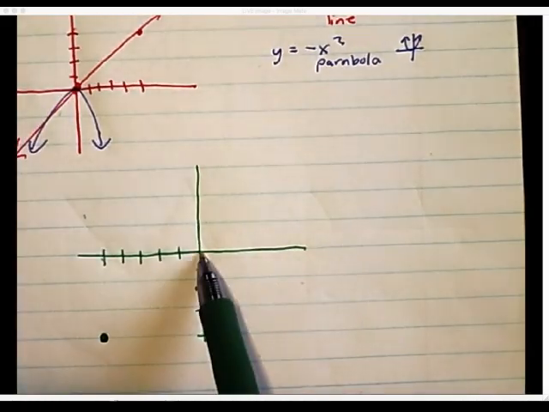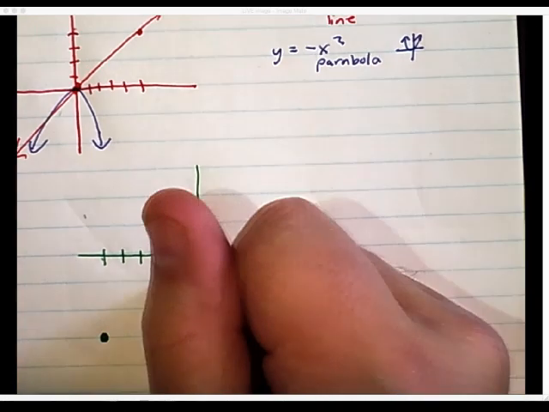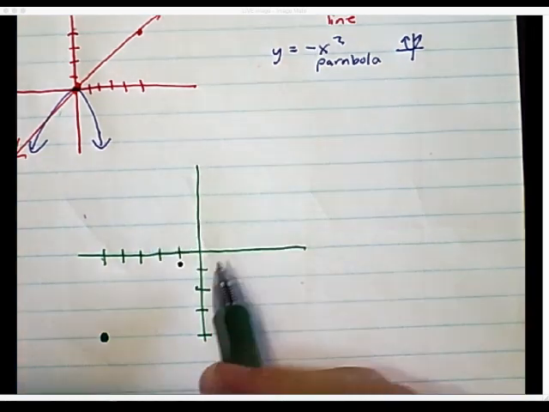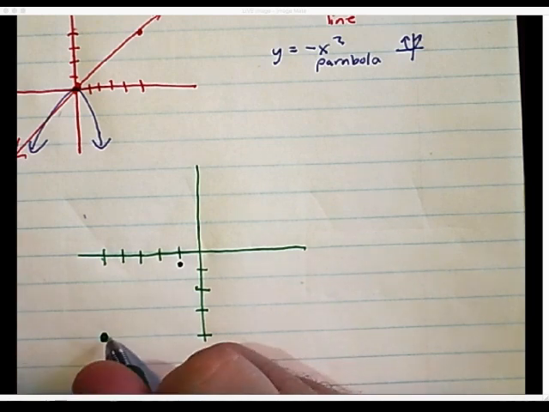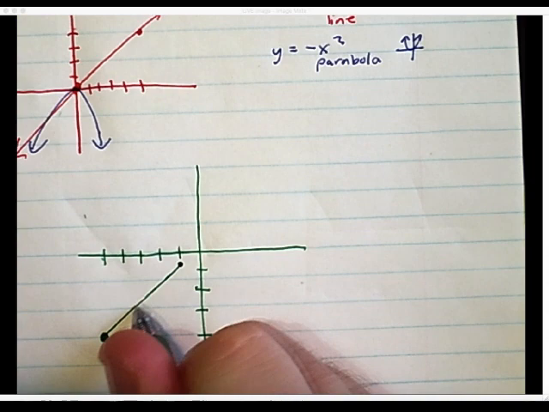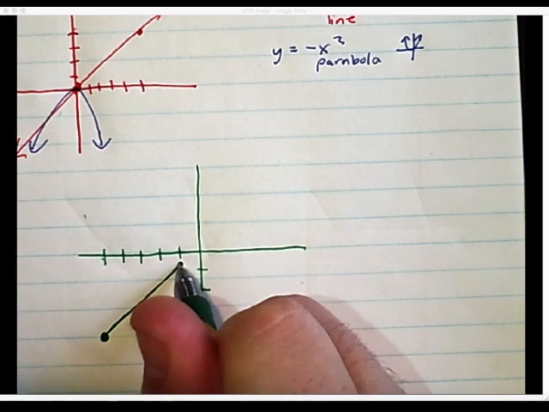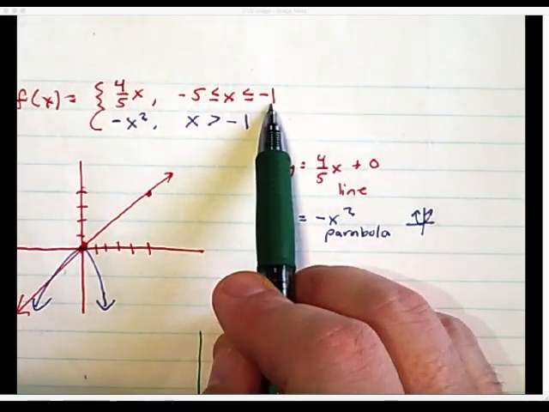So when x is -1, the y value is -0.8, which is about right there. Not quite -1, a little bit above that. So there's the part of the line that we care about. It's taking that red line above, but only focusing on it for a certain domain.